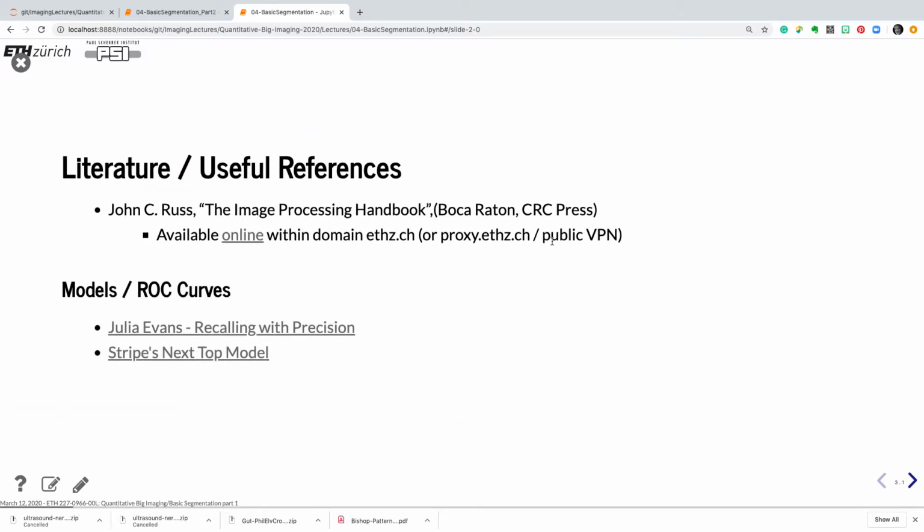Some useful literature on this matter is John Ross' book. Again, it's a brick with many pages, and it covers a lot of material. Within that one, you can get a lot of basic information about thresholding and basic segmentation. The other part of the literature is about ROC curves.